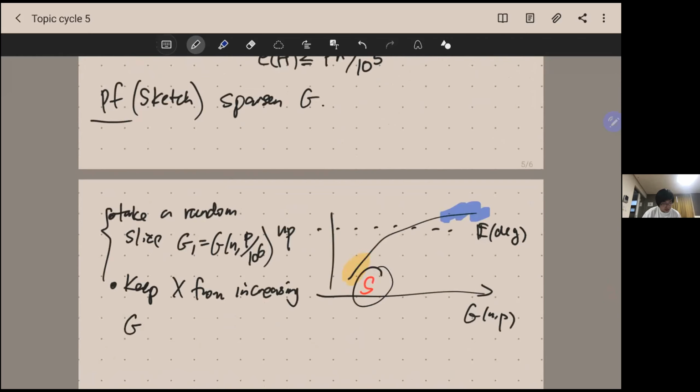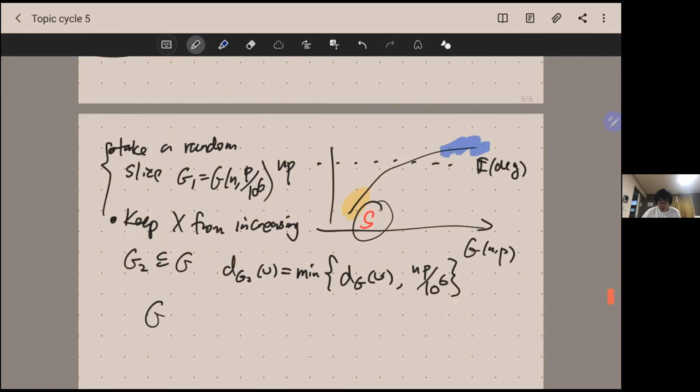So this is to take G2 to be a subgraph of G(n,p) such that, if a vertex's degree is larger than np over 10 to the 6, you just take np over 10 to the 6, you smear it down. If the degree falls below that, meaning it's in capital S, then we take all its edges, all right? We don't want to increase capital S.